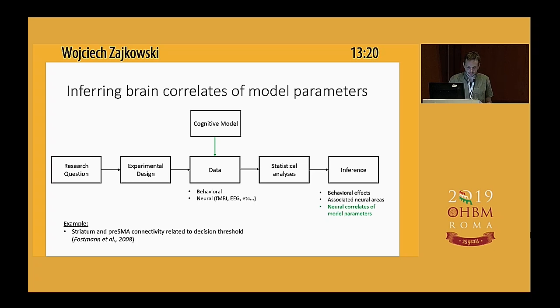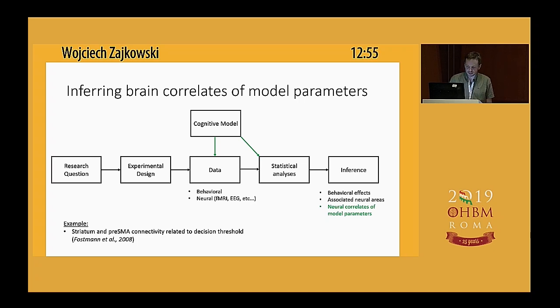What her group did is they fitted the model to the data, in this case under time pressure, and what they found behaviorally is that the thing that changes with time pressure is threshold, meaning people strategically change their threshold when they have to deal with time pressure.